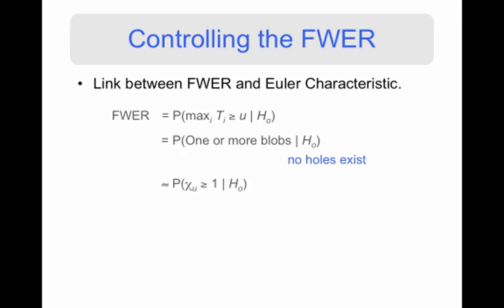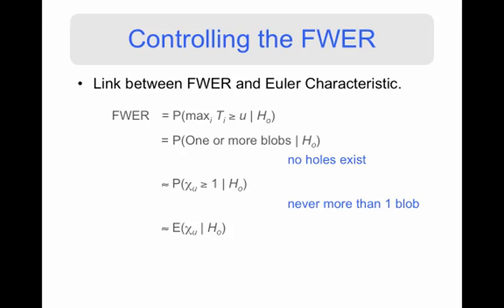Let's assume, for sake of argument, that no holes exist. In that case, this is approximately equal to the probability that the Euler characteristic is bigger than or equal to 1. Now, if we further assume that the threshold u is high enough that there's never more than 1 blob, then this is approximately equal to the expected Euler characteristic under the null hypothesis.